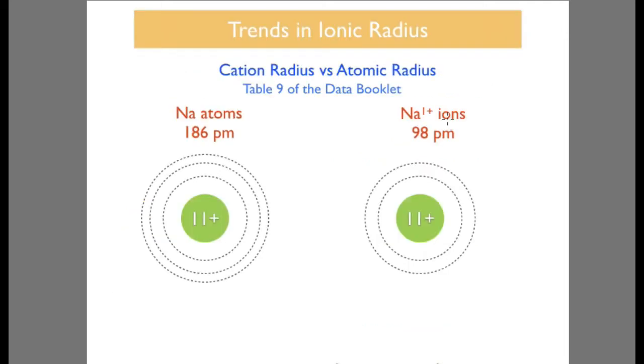Trend in atomic radius: cation radius versus atomic radius. You can find these in table 9 of the data booklet. If we look at sodium here and the sodium cation, you can see there's quite a difference in size. The atom is a lot larger.